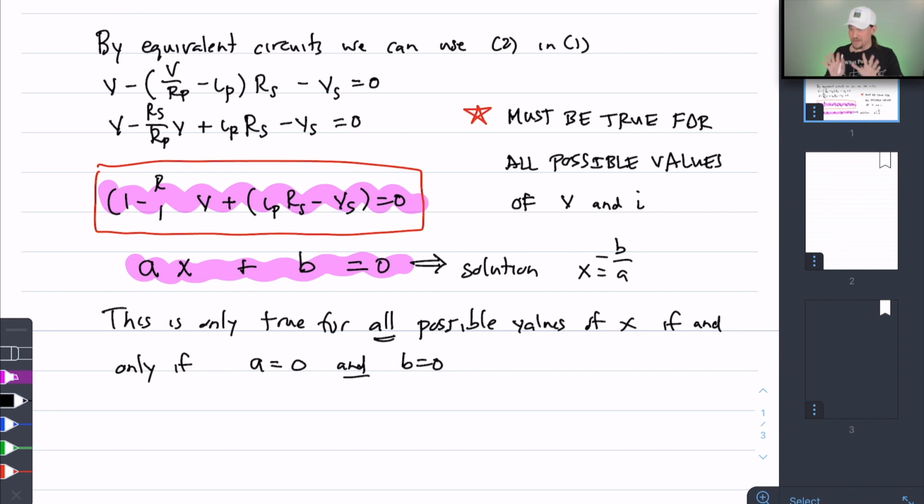So if a and b just happen to magically be 0, then I do not care what I plug in for x. That equation is going to be true for every single possible value of x.